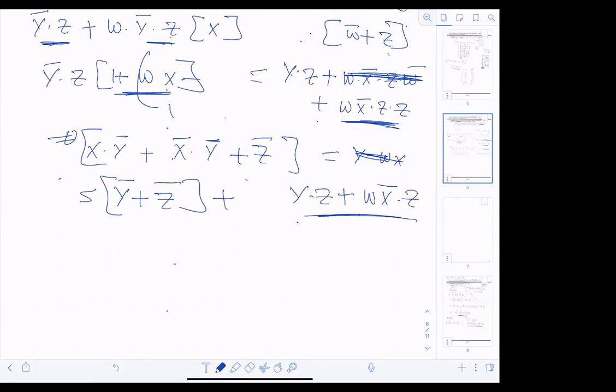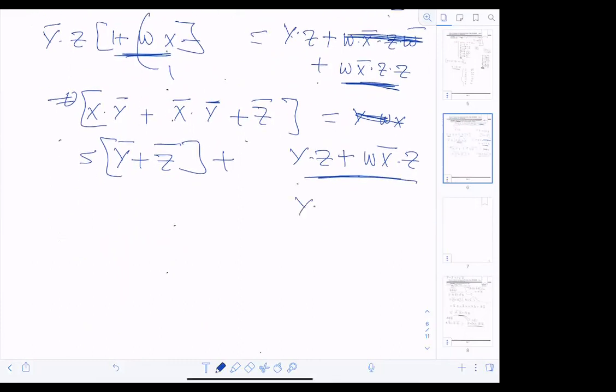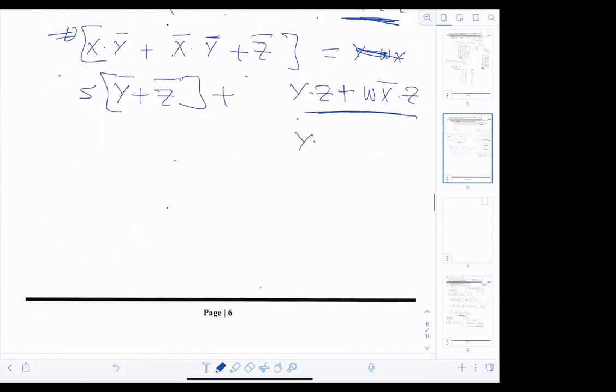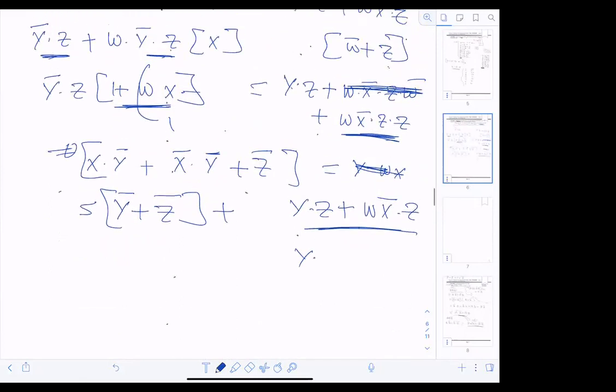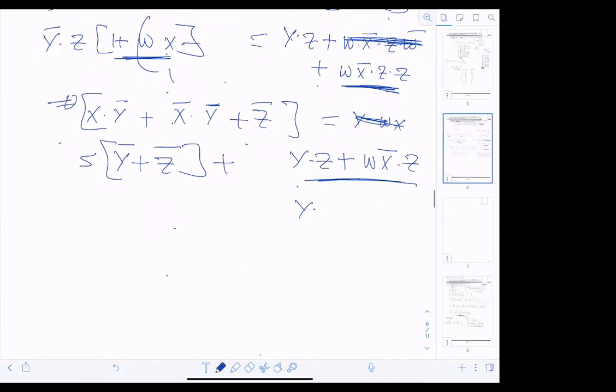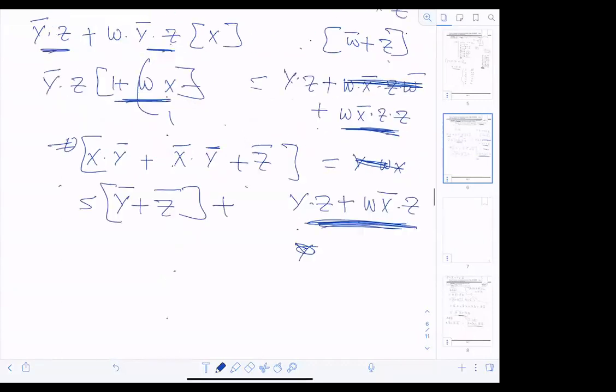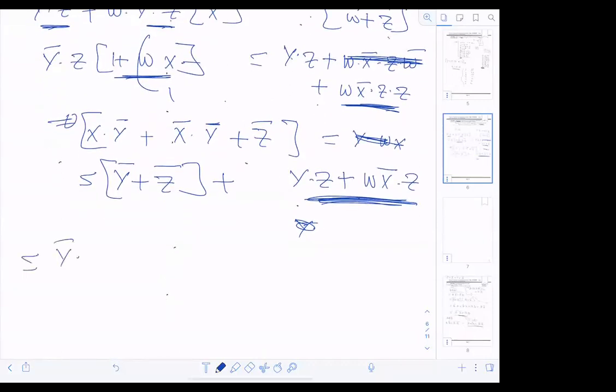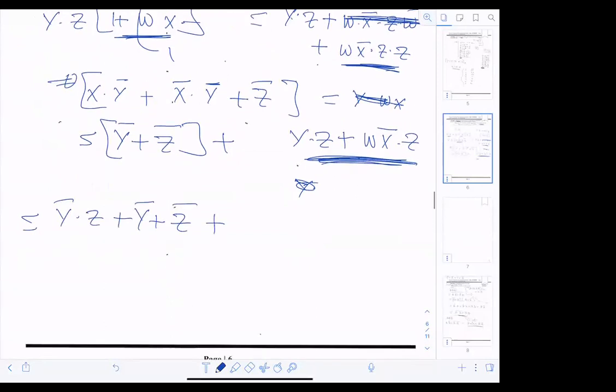So here we end up with Y. Can I modify this anymore, or is that it? No, you can't. So basically, end of the day, we're going to have Y, Z with Y complement with Z complement with Y, Z with W, X, Z. Right?